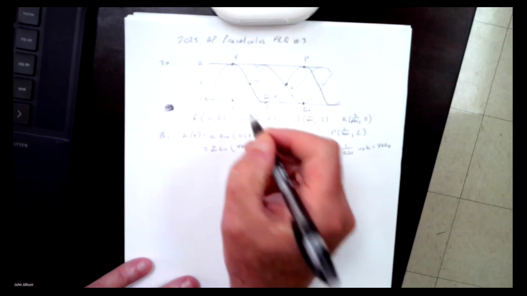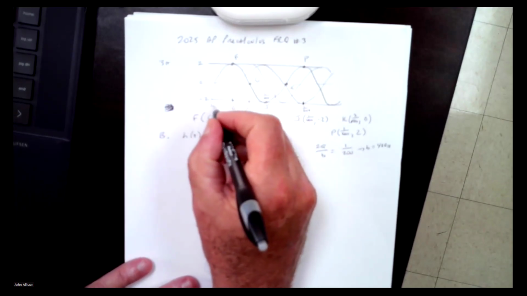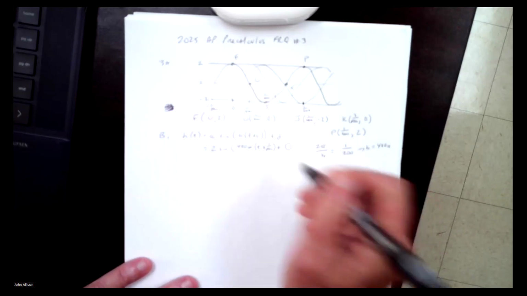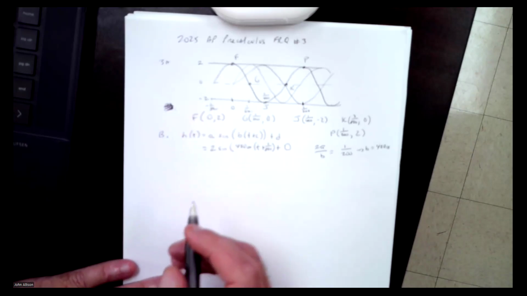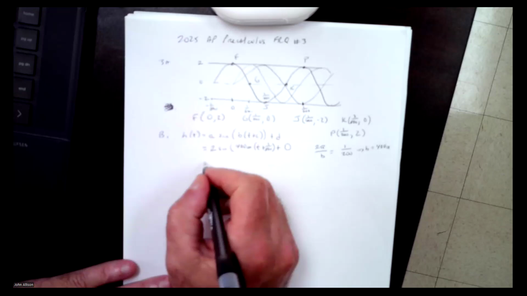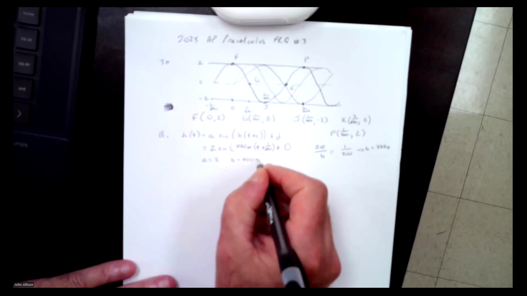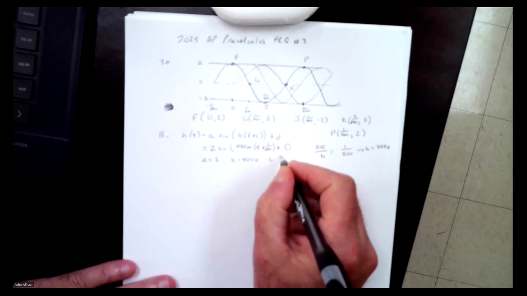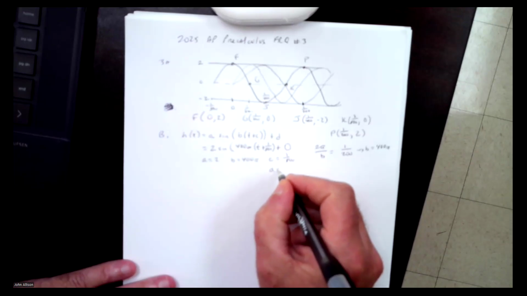This would be at negative 1/800. It's a shift to the left by 1/800. We'll see how that goes. That was part B. So A is 2. B is 400 pi. C is 1/800. And D is 0.